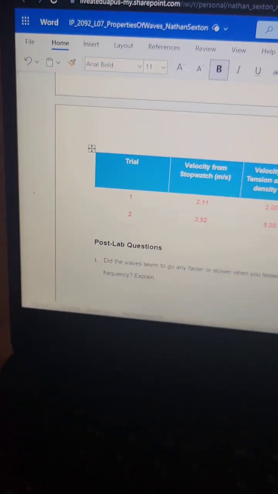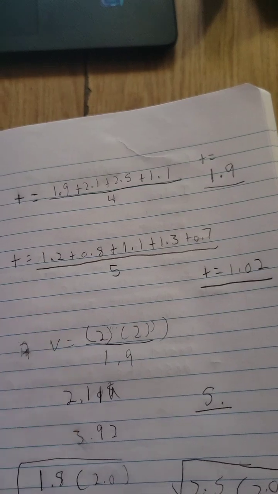And then another good thing, I think we're going to go into errors real quick, and we'll break down the different methods. This is taken from our averages of our times, so our velocity from our stopwatch. And here's that for trial 1 and 2.